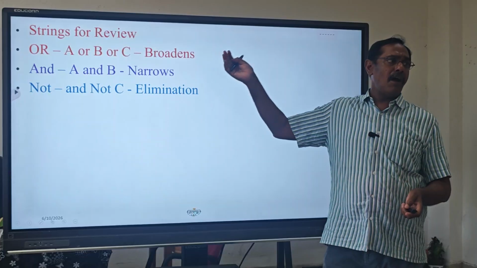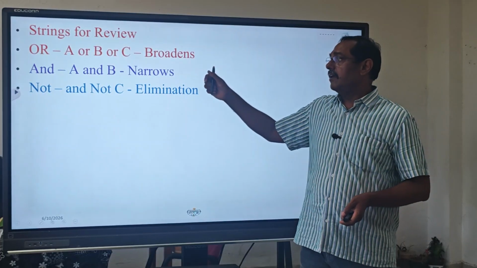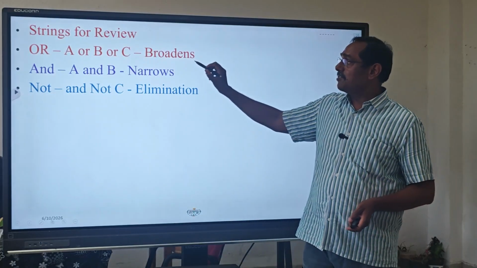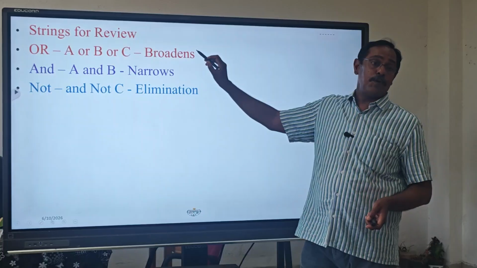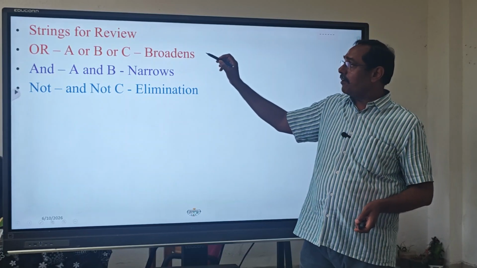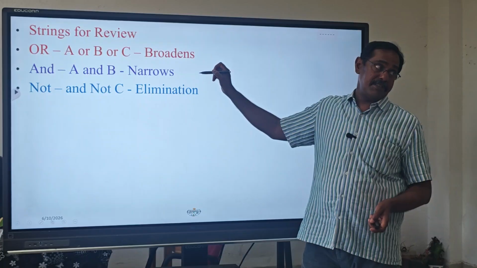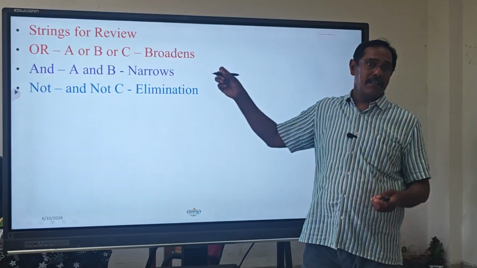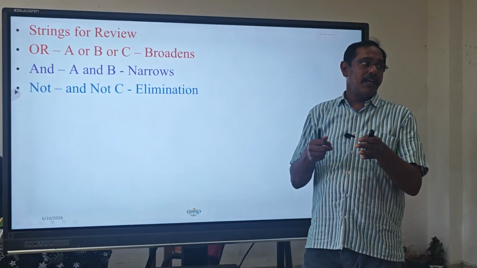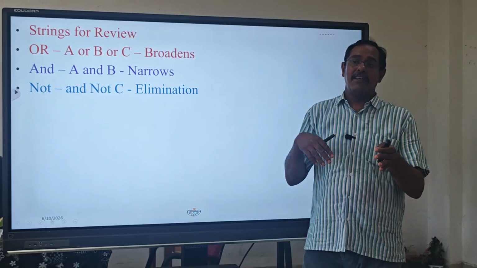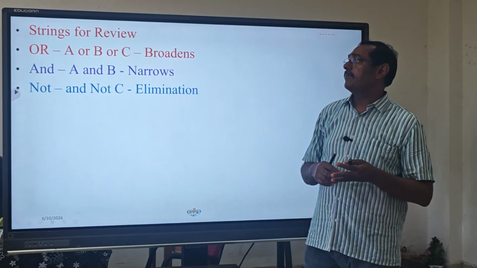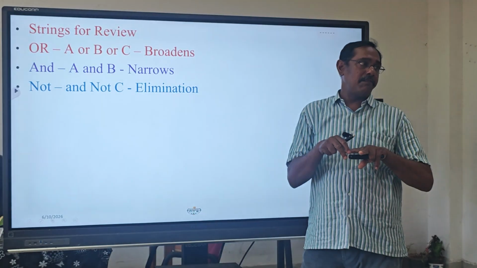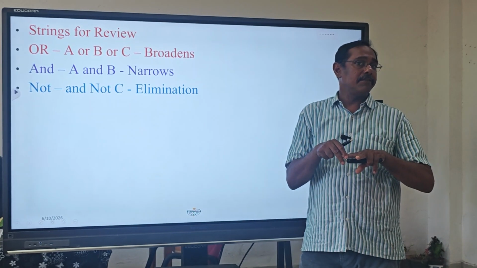A or B or C. If you use AND, A and B. Suppose you give this in Scopus or Web of Science, with OR you get more number of papers, because it broadens. If A is there, it will show. If B is there, it also will show. If C is there, it also will show. If you put A and B, only if both A and B are there will it show. It's not A or B.